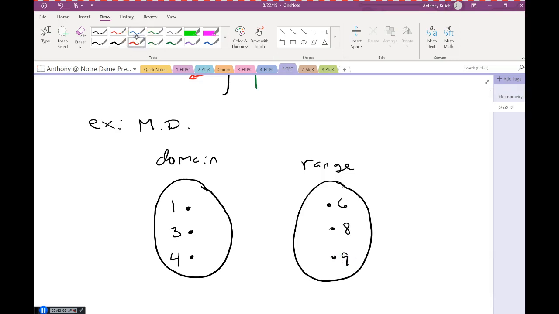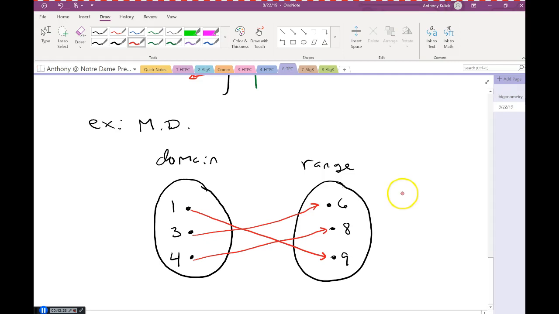And then we'll draw some arrows showing which x's pair with which y's. So the mapping diagram I've drawn here, is this a function? Yes, right? All the x's are paired with just one y, so that is a function.